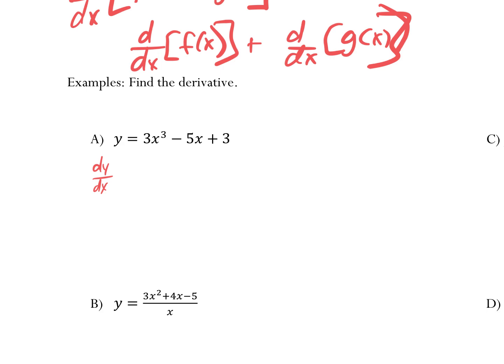All right. So, how many of you believe that you can find this derivative relatively quickly? Prove it. Thumbs up, thumbs down. We all feeling good about this?